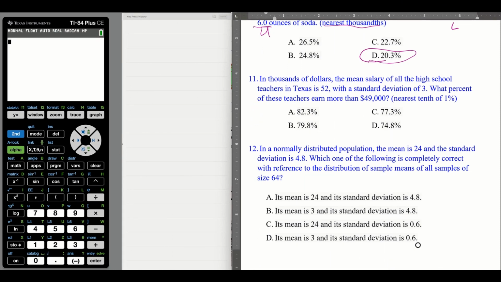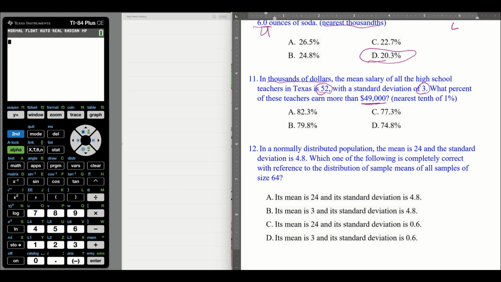Number 11, in thousands of dollars, the mean salary of all high school teachers in Texas is 52, with a standard deviation of 3. What percent of these teachers can earn more than 49,000? Okay, this is important. In thousands of dollars. This means our mean is actually 52,000 and our standard deviation is actually 3,000.